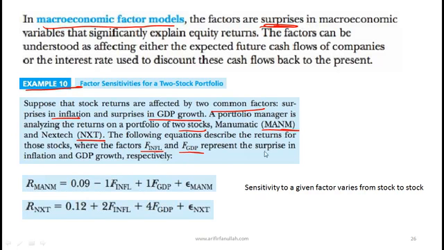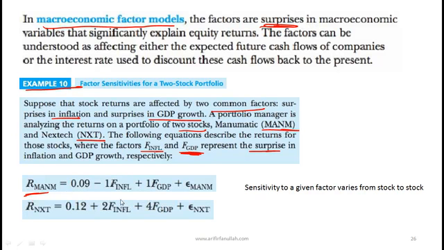This is the surprise in inflation, and this is the surprise in GDP. So if this is the equation for Manumatic, what is the expected value of the return? 0.09. Very good. Why? Because you don't expect any surprise.